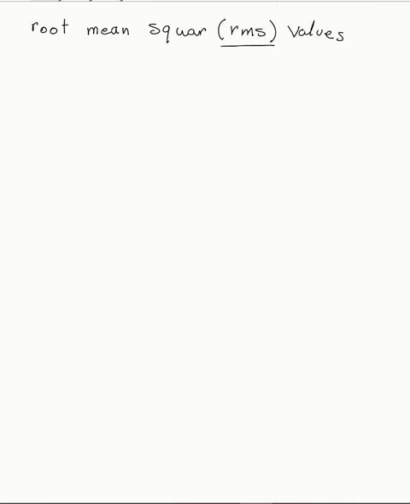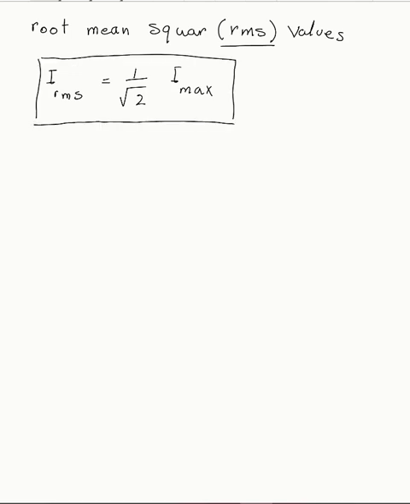But what is important for us here is to know that I RMS is equal to 1 over square root of 2 times I max. So I can write that V RMS is 1 over square root of 2 times V max.